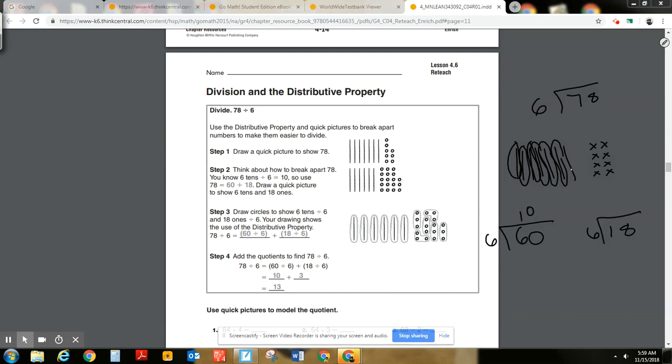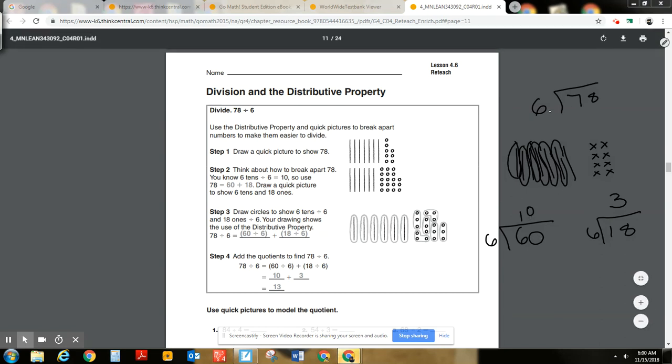Okay, so I'm good. I got 18 left. I'm going to divide the 18 up into 3 parts, because 6 times 3 is 18. So 78 divided by 6 is 13.